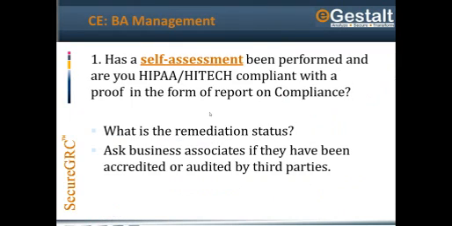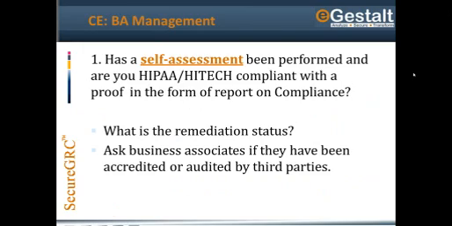So the first step that we recommend that a covered entity ask is whether a BA or a vendor has performed a self-assessment. A self-assessment is really the first step in understanding the level of compliance and the level of safeguards that exist today. If they have gotten a third-party auditor to look into their assessment status, that's fine.